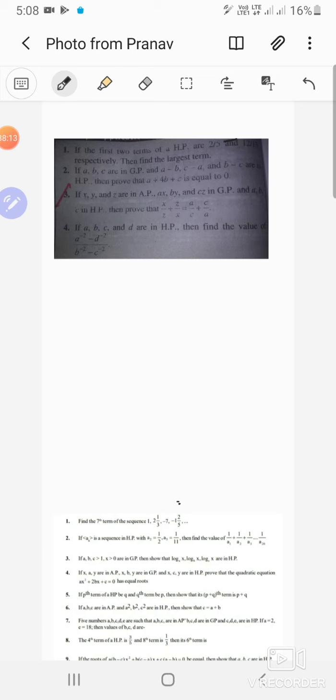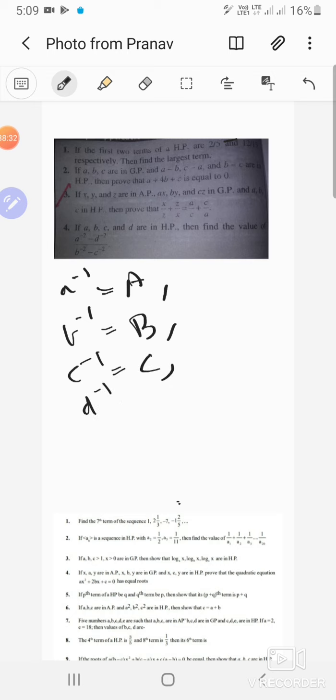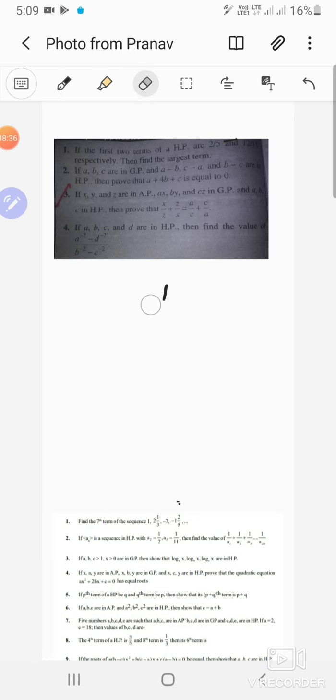So let's say that a power minus 1 is capital A, b power minus 1 is capital B, c power minus 1 is capital C, and d power minus 1 is capital D. So you will have A, B, C, D in an AP.